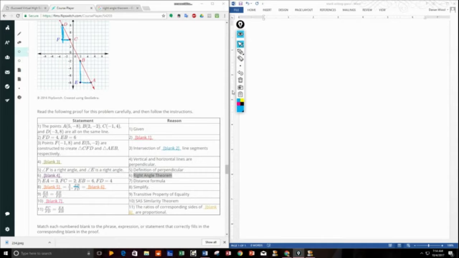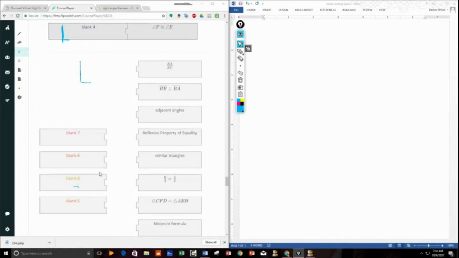Another clue is they gave us a 3 and a 2 there. Well, EA was 3 and FC was 2. They wanted horizontal compared to horizontal, and then vertical compared to vertical. Yes. So blank 5 is going to be EA over FC.